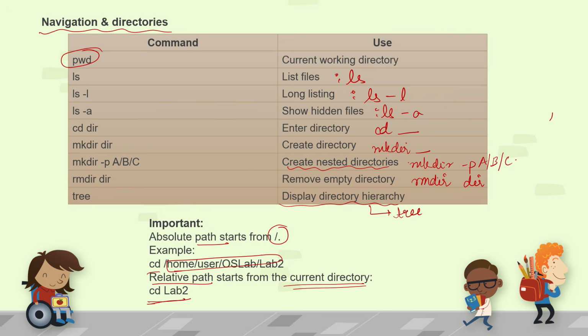In Unix programming, we had done topics like zombie processes and all. That's separate. Here we'll be looking at the broader concept of operating systems. So this is about your absolute path and your relative path.